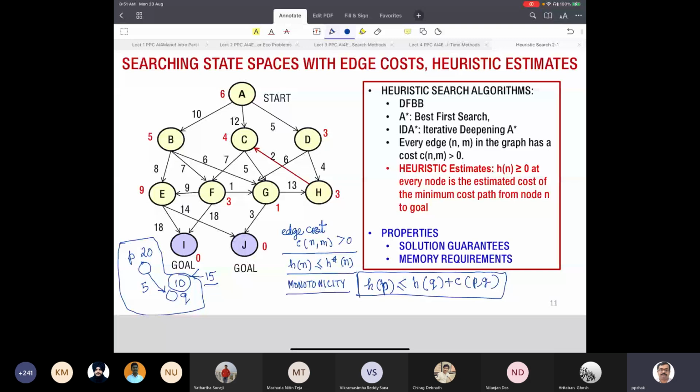If it is violated, then upgrade H(Q) to what? H(P) minus C(P,Q).